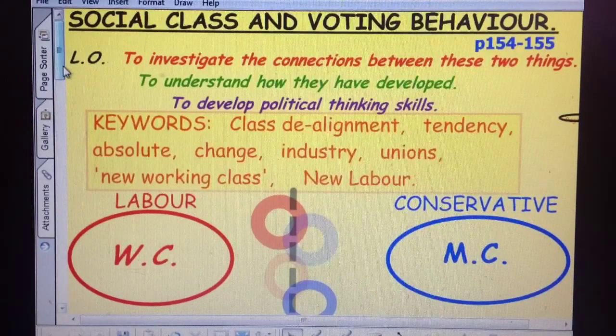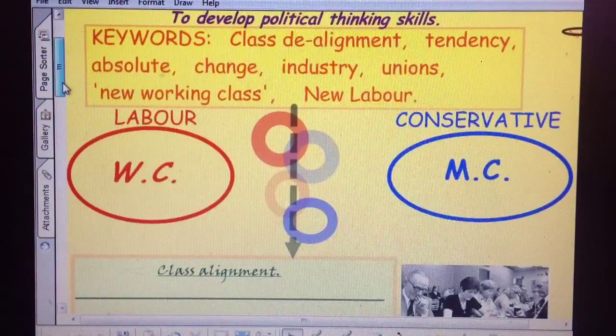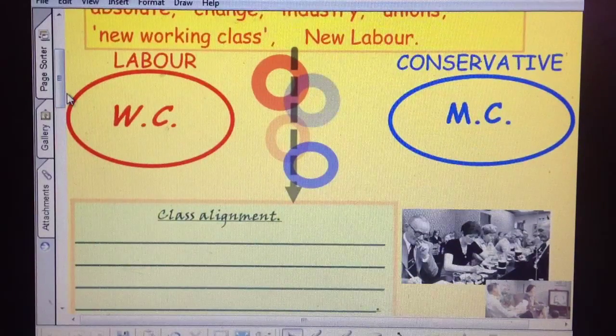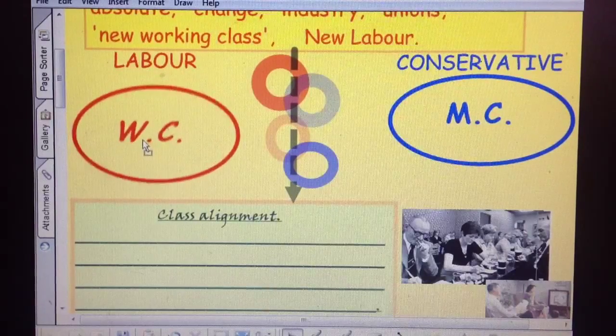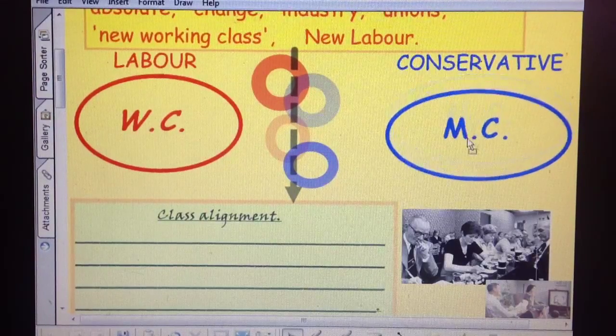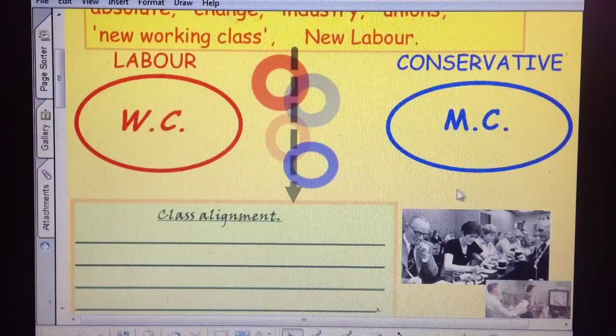Okay, so let us start with what we'd call in sociology class alignment. It used to be very straightforward. The working class lined up and voted Labour. The middle class lined up and voted Conservative. It was dead straightforward.